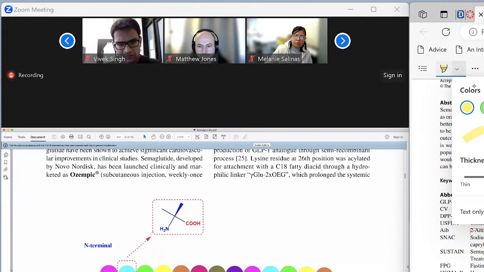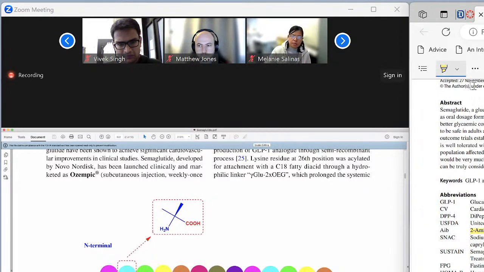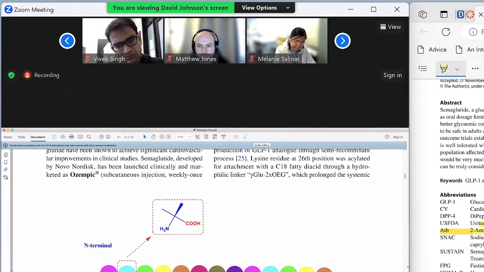You notice here that if this is number 8 and this is number 7, in terms of GLP-1, 1 through 6 has been lopped off. So there is no 1 through 6. And then there's this substitution in the 8th position. What do you think that's about?